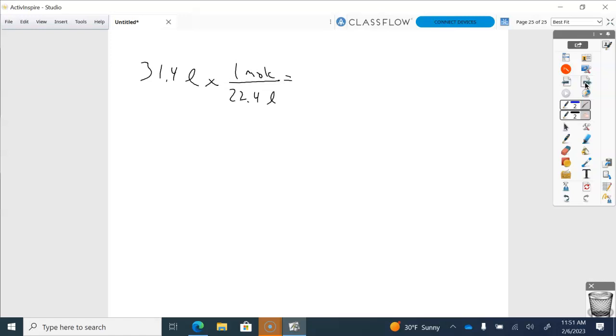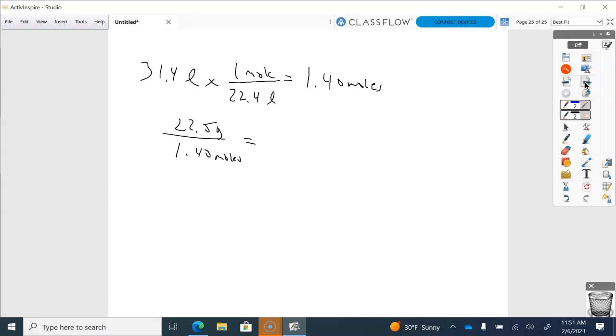I get 31.4 divided by 22.4, and I get a lovely 1.40 moles. So 22.5 grams is 1.40 moles.